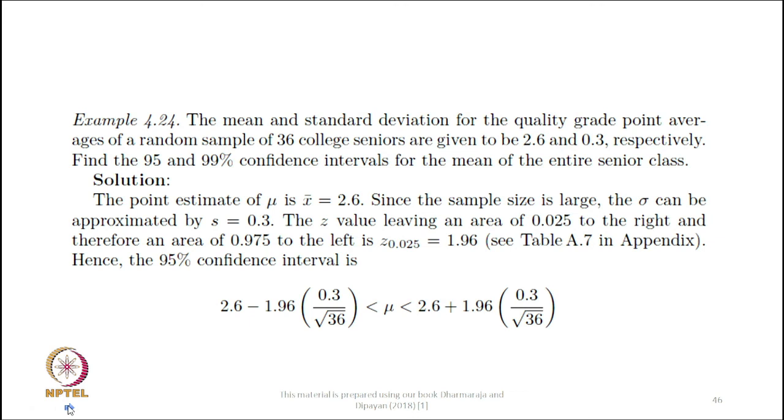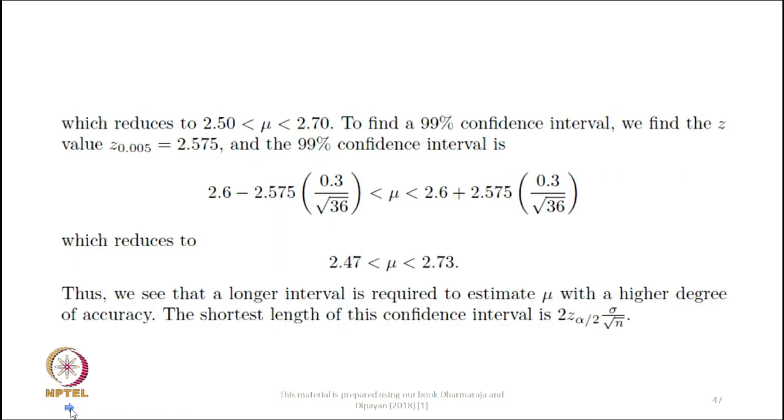First, you compute the 95% confidence interval for mu. After substituting all the values, you get the interval, so the 95% confidence interval is between 2.5 and 2.7 for the population mean.